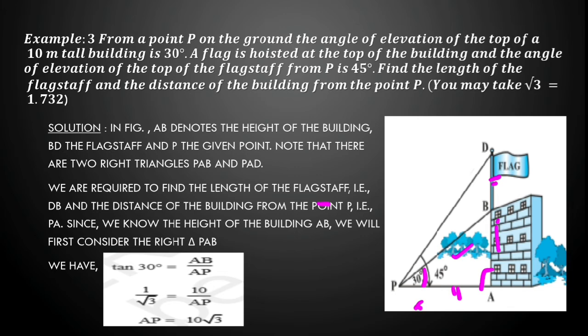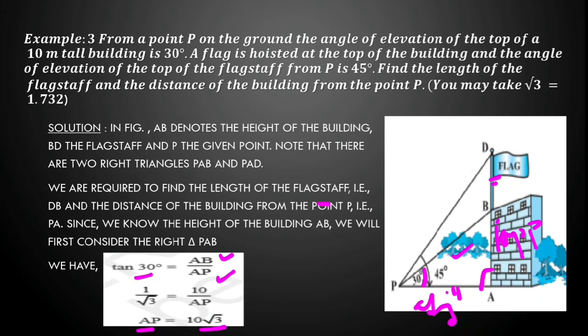Because this is adjacent and this one is opposite. The length of the opposite side is given, that is 10, and the adjacent side you have to find. That means you can write AB by AP is equal to tan 30 degree. That means AP is equal to 10 root 3. So you got the value of AP.